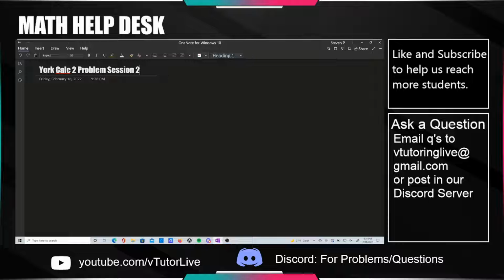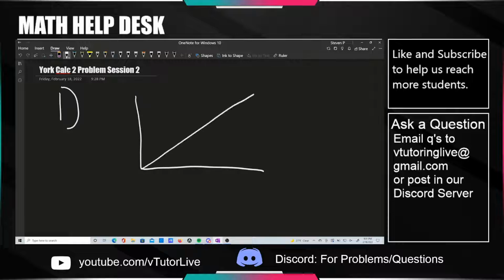Okay. So let's go ahead and get started with the first problem, which I haven't actually looked at, because I think it's a pretty similar problem to what happened in the last unit. But the idea is if you have two curves, y is equal to x and y is equal to square root of x.